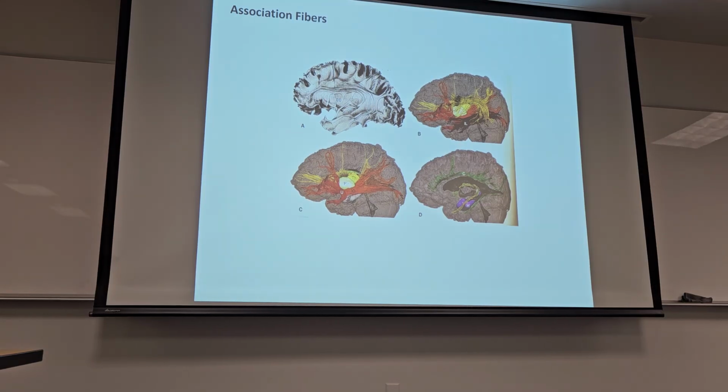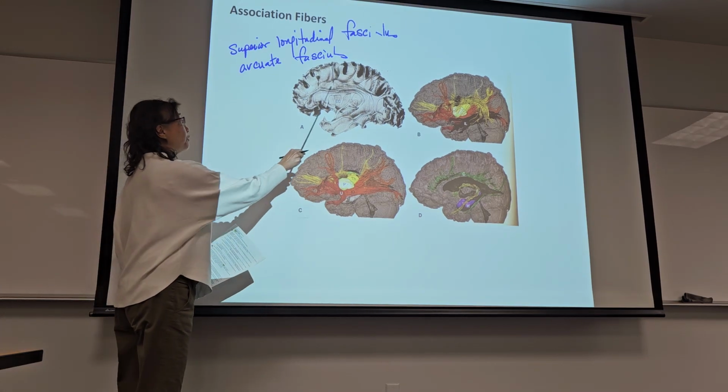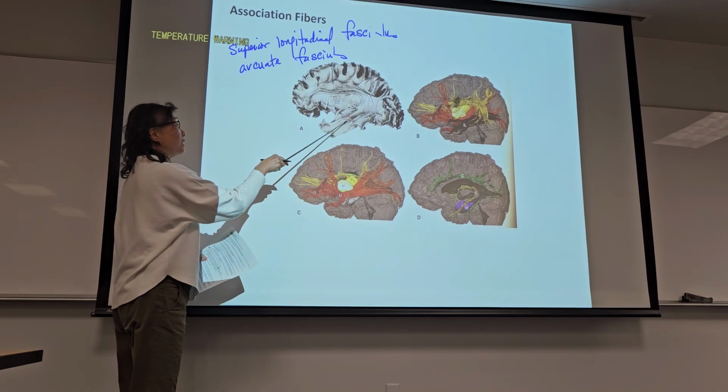The first one is the superior longitudinal fasciculus, also known probably by the more common name, arcuate fasciculus. Okay? So you can see the superior longitudinal fasciculus or arcuate fasciculus here in this dissection.